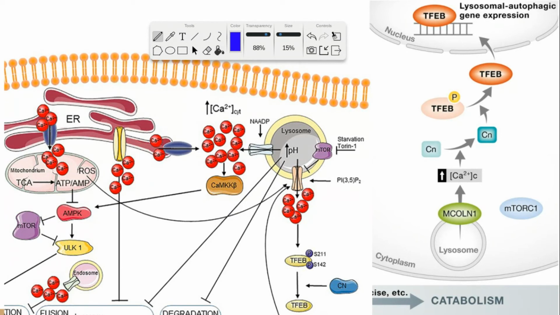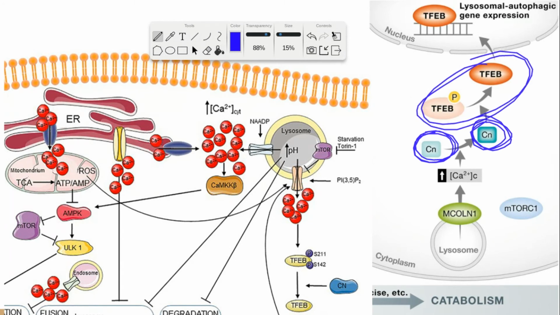Let's also not forget calcineurin. Calcineurin in this graphic over here to the right is just CN. It's another calcium-dependent or calmodulin-dependent phosphatase. And one of the many proteins targeted by calcineurin is TFEB. TFEB is the master autophagic transcription factor.